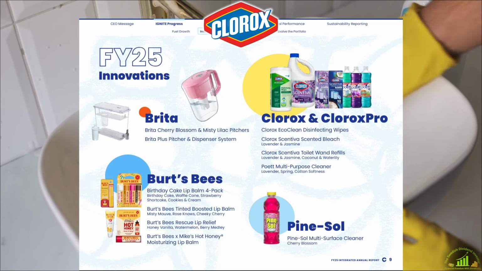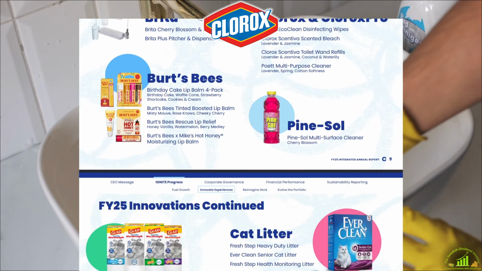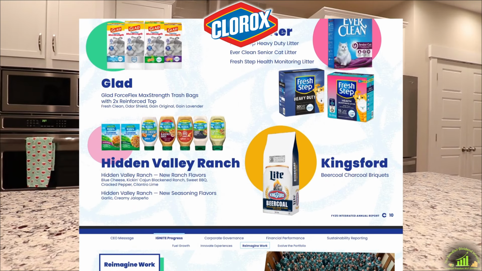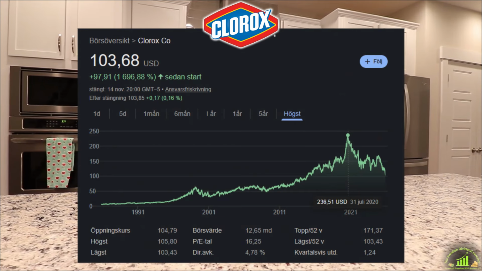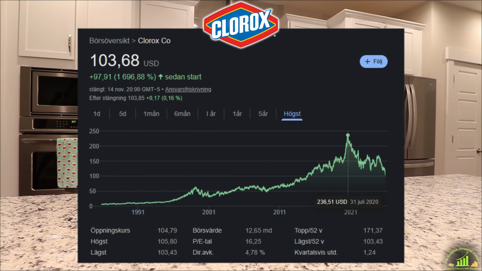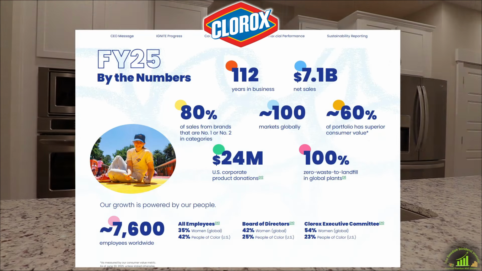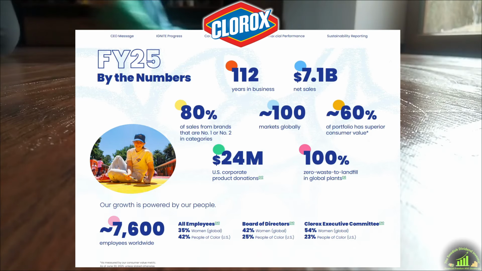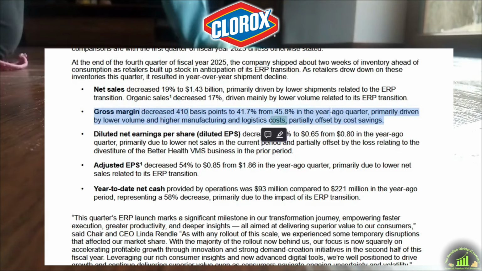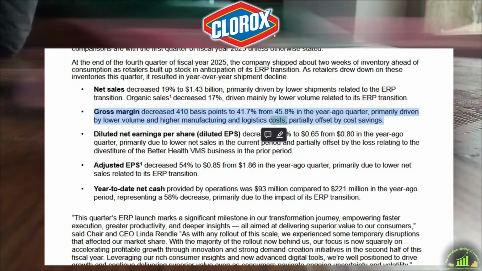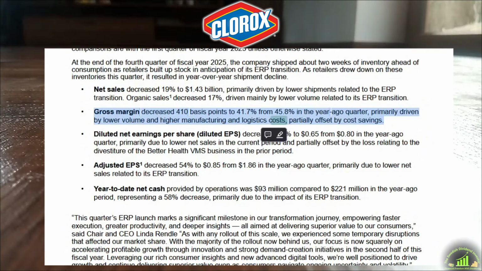Its brands include Clorox, Pine-Sol, Glad, Burt's Bees, Kingsford and Hidden Valley, known for strong brand recognition and leadership in cleaning and disinfecting, especially prominent during COVID-19 when demand surged. Products are sold in over 100 countries, though most revenue still comes from North America. However, they face cost pressures from raw materials and logistics, plus competition from private labels and other household brands.